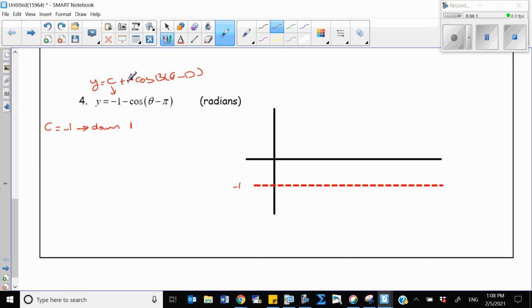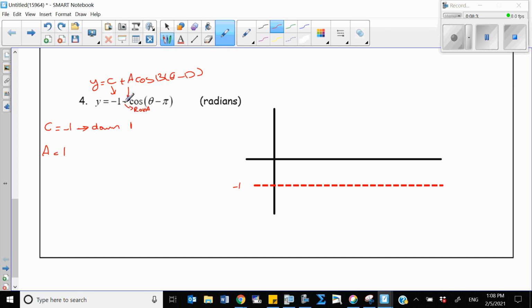Next, we have amplitude. The amplitude is 1 because there is no number multiplied by cosine. Notice that the negative you see here means we have a reflection over the x-axis. It doesn't have anything to do with the a value.